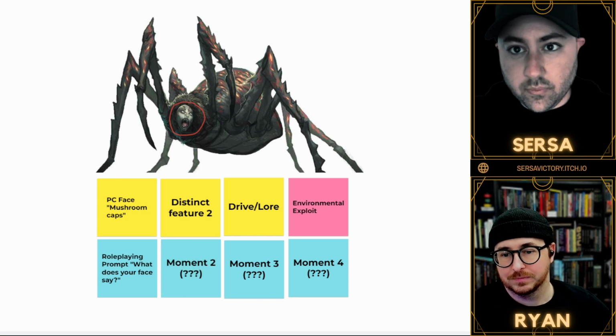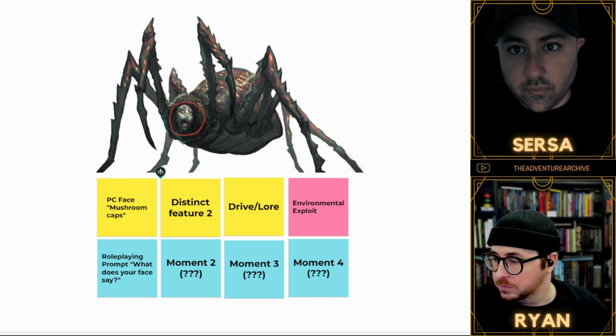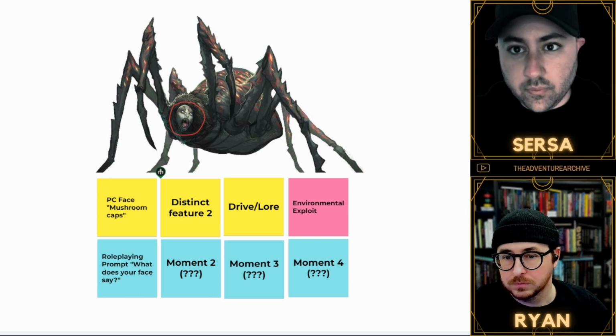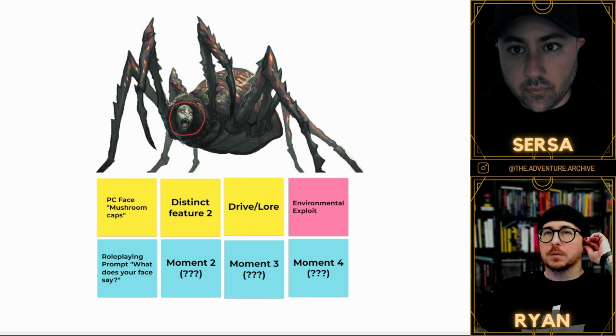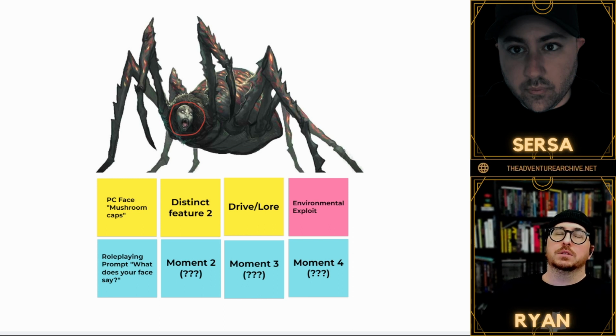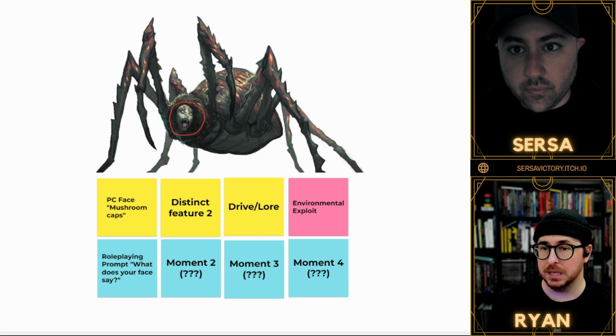Hell yeah. So moving these kind of quickly. You have distinct feature 2. Obviously what jumps out to me is the legs, but we can go with the abdomen or some other detail. What do you want to go with for distinct feature? Okay, so I'm thinking spiders, I'm thinking mushrooms. So our idea is already to potentially have the mushroom caps be the faces.